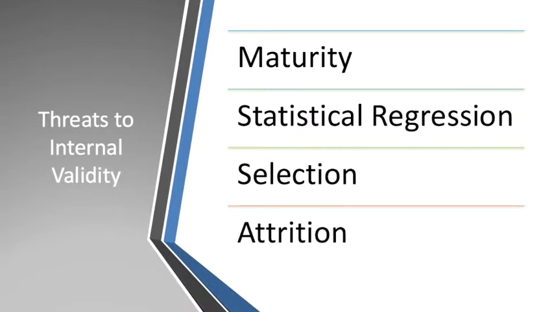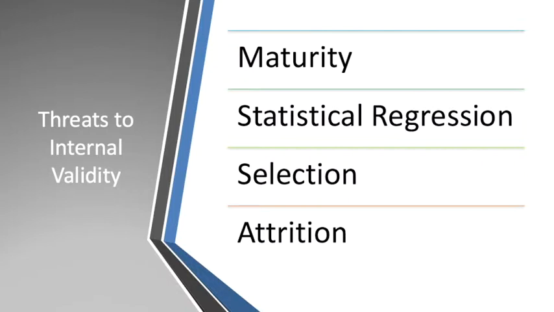number of other factors. One factor that makes us have less confidence that the intervention changed the outcome variable or the dependent variable, which is educational attainment or grades, is this idea of maturity, meaning that from time 1 to time 2, my participants have grown.